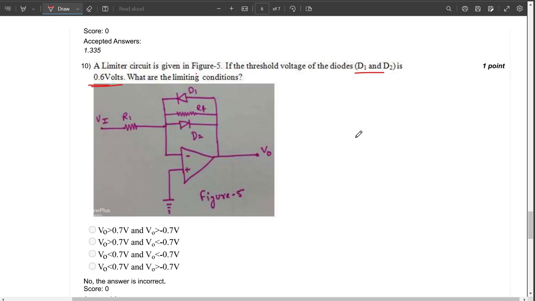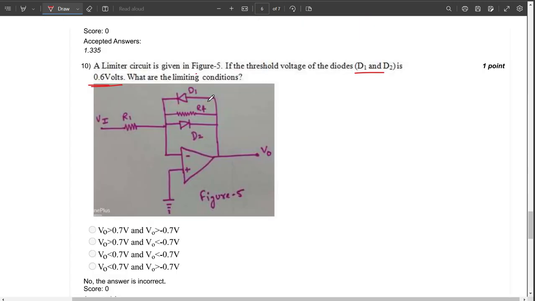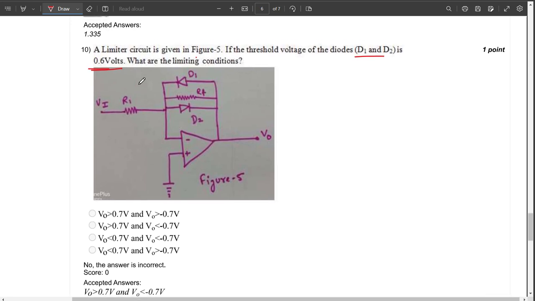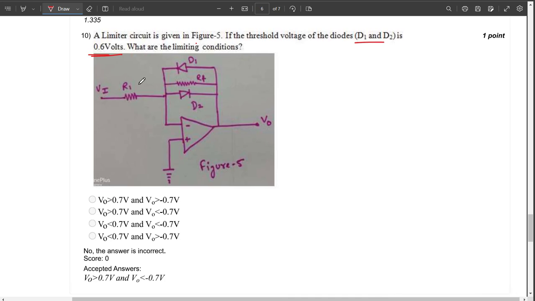Done? Done, everyone. Now you can tell me the solution, the option that you got. What is the correct answer? What did you get? Ma'am, option B. Okay, very good. What about others?